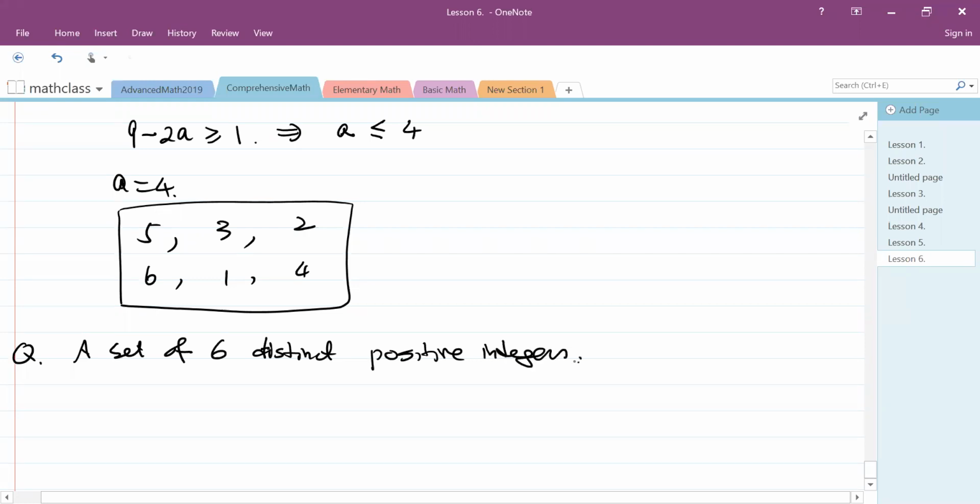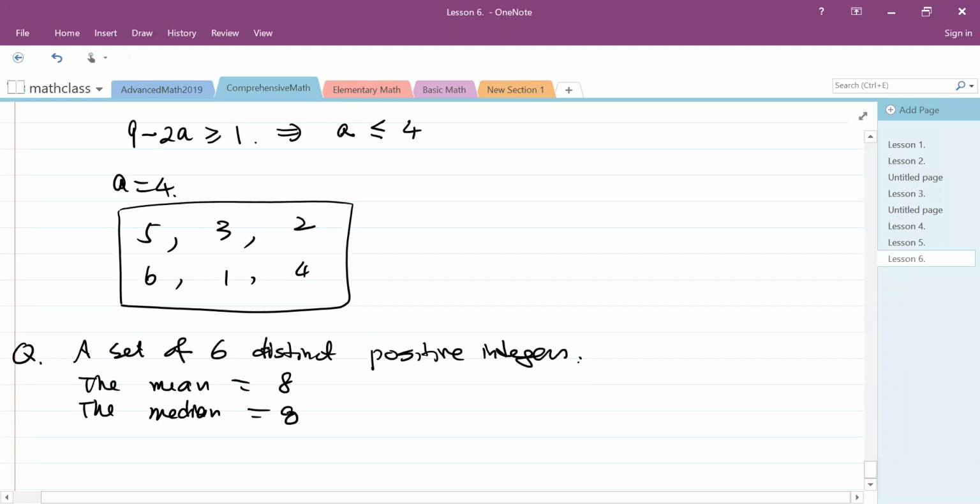The mean is going to be 8. The median is also going to be 8.